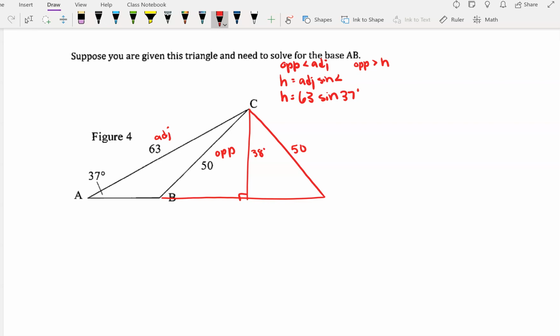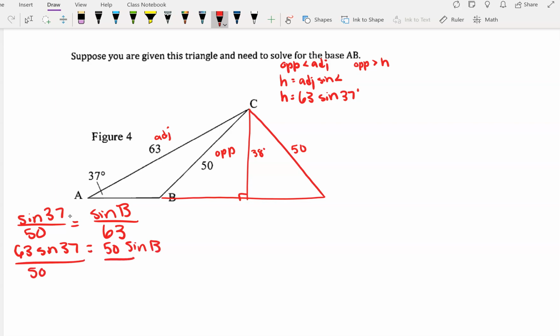So the first thing I want to do is sine of 37 over opposite side, which is 50, because that's the side that I have. And then I'm going to use that to find angle B, because I have side B, so I can use that. So sine of B over 63. And then we're going to cross multiply to solve that. 63 sine 37 equals 50 sine B. Divide both sides by 50 to get rid of the 50 there.